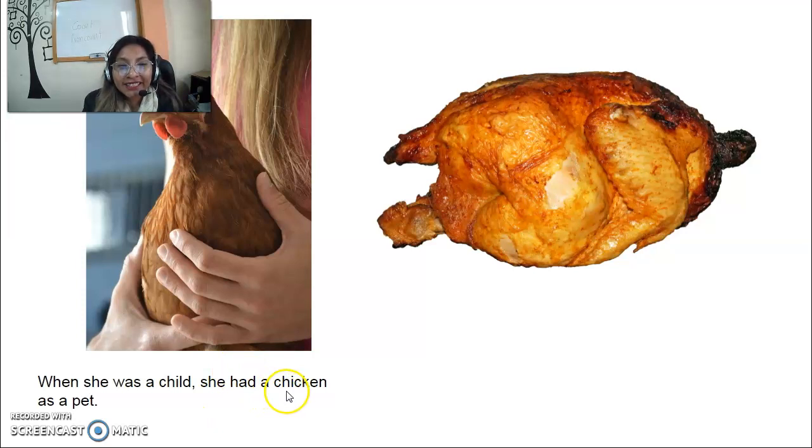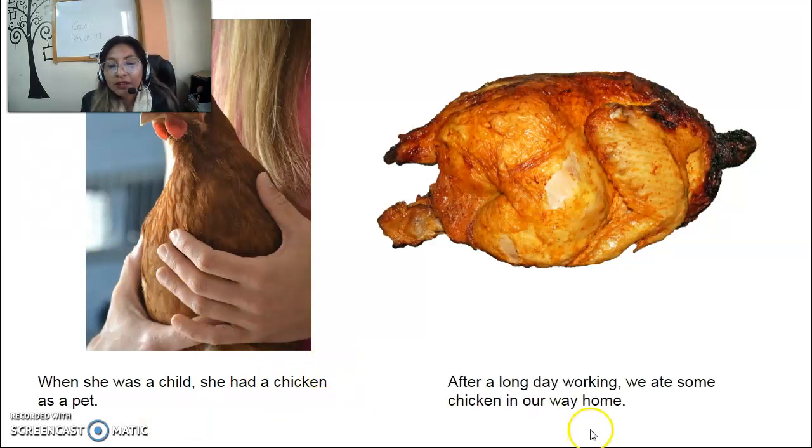A chicken, referring to the animal. But if I said, for example, after a long day working, we ate some chicken on our way home, this is non-countable. This must be expressed as non-countable because we are talking about food.